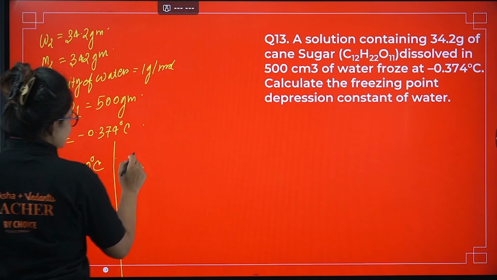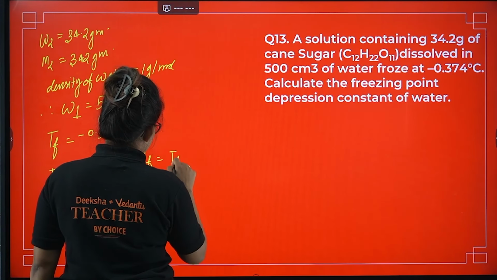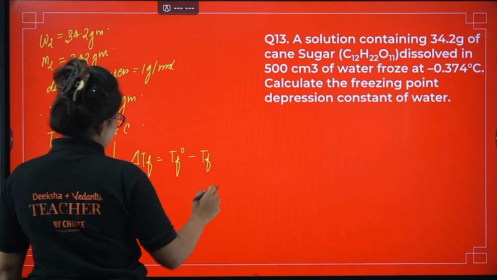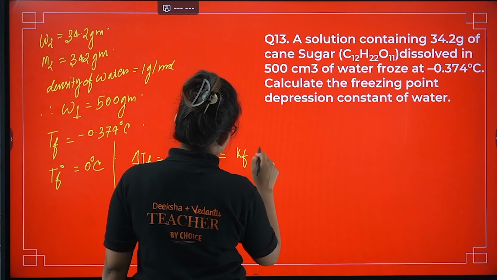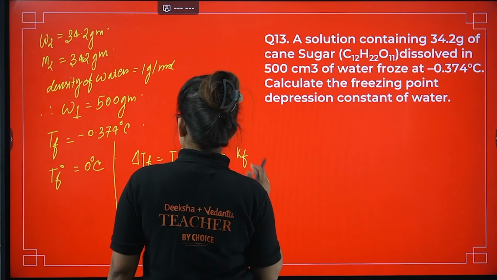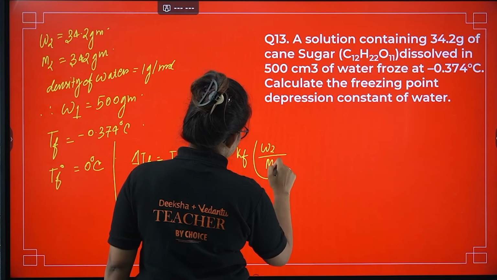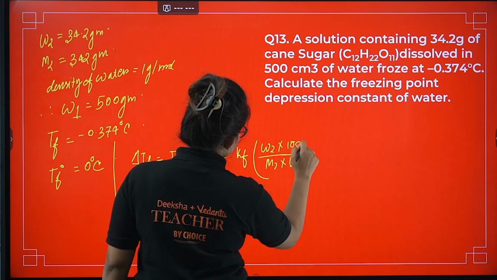Now let's put everything into the formula. So what is the formula? Delta Tf, which is basically Tf naught minus Tf, equals Kf into molality, right? Molality, if you find out, is W2 by M2 into W1, into 1000.